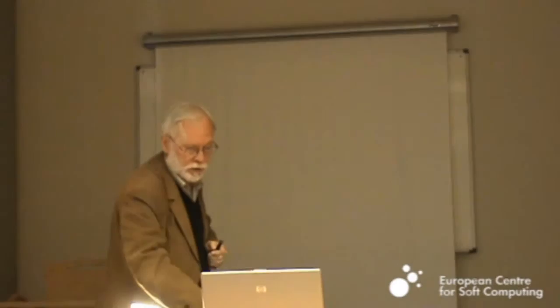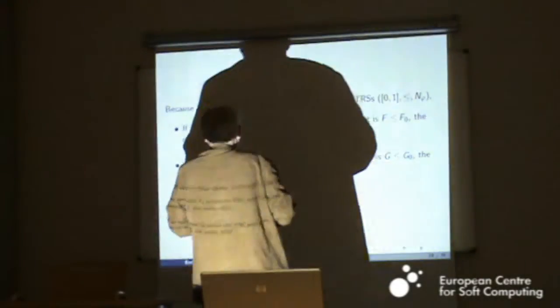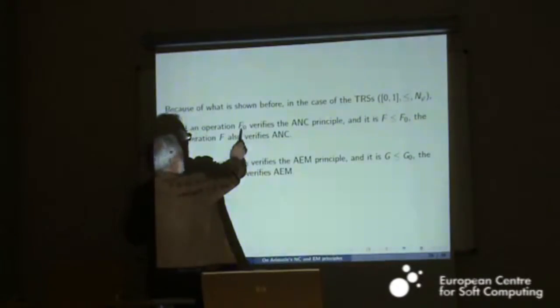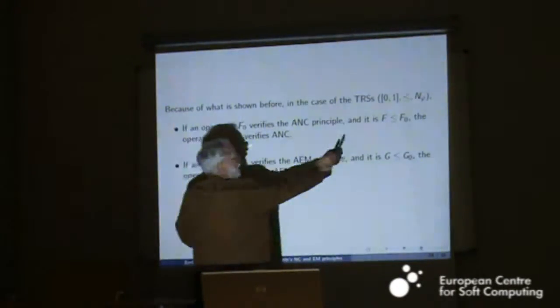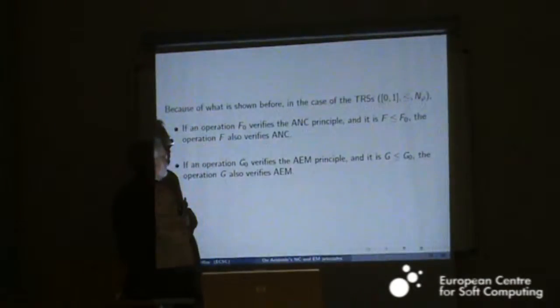Of course, the theorem on the principles is not a characterization. I am not forced to consider only type 1 and type 2. I can manage other operations. Then, following the theorem I showed you 5 minutes ago, if f0 verifies non-contradiction, any f less than f0 verifies the non-contradiction.